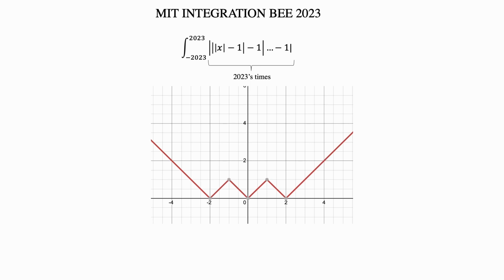So if you calculate the area of one triangle, half times the base 2 times the height 1, and multiply with 2023, you get the answer 2023.